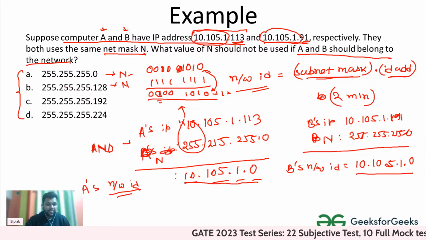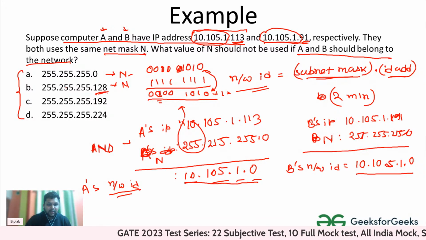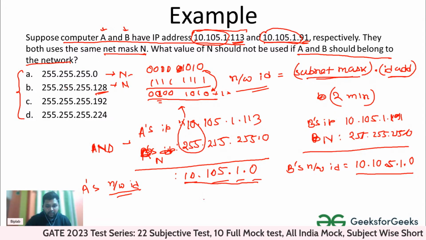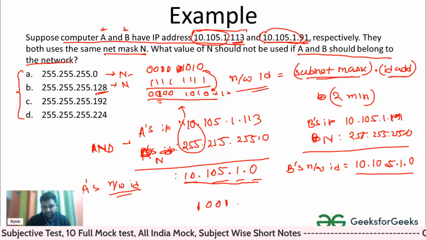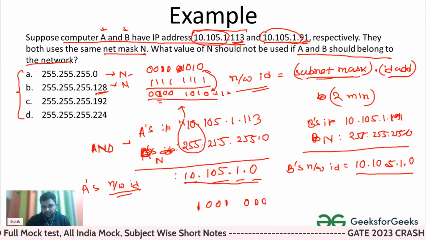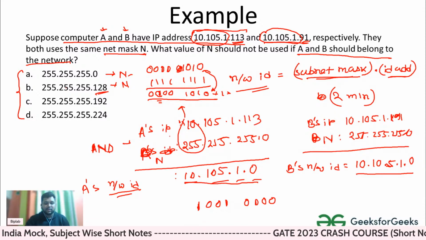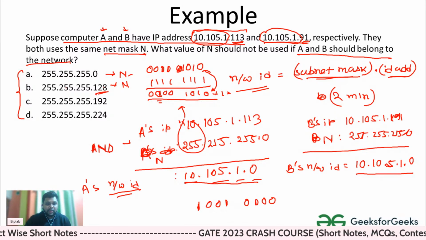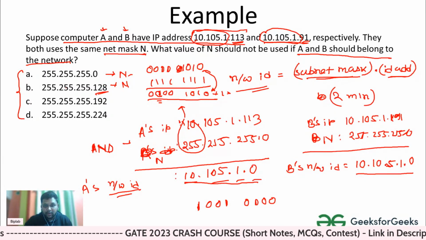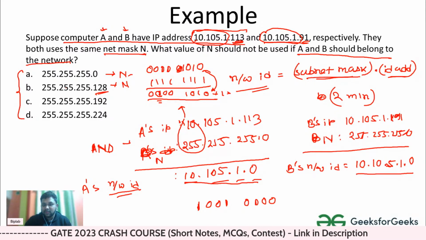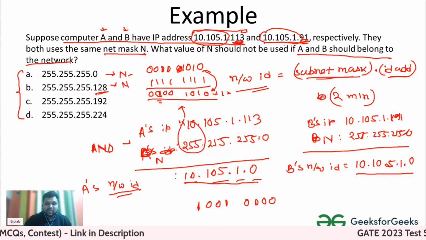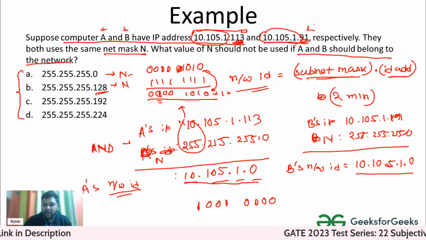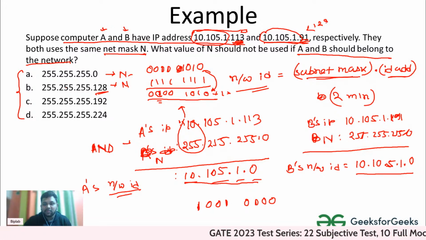So here you have 128. That means the leftmost bit. This is how the octet looks like, only the leftmost bit is active. Here you can see 1 is lesser than 128, that means the leftmost bit is not active. Here also it is lesser than 128, so the leftmost bit is not active.